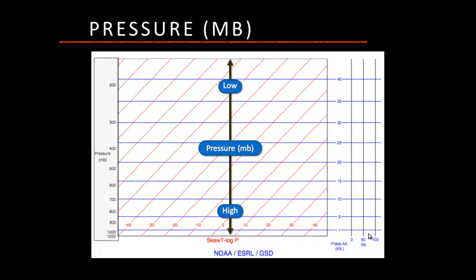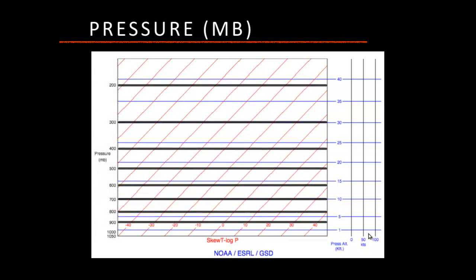The next one is pressure in millibars, and the high pressures are near the bottom of the chart and lower pressures are at the top. Here are the isobars that are common that you might see, in this case 900, 800, 700 millibars. You'll notice that as you get higher up, these swaths of 100 millibars get further and further apart.